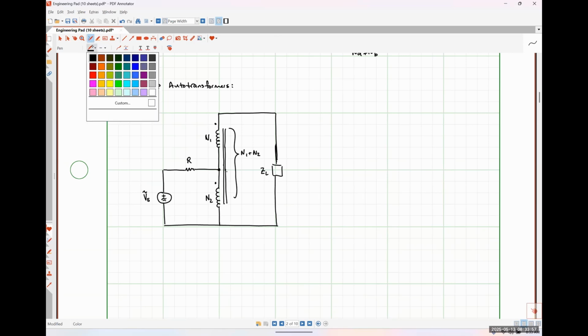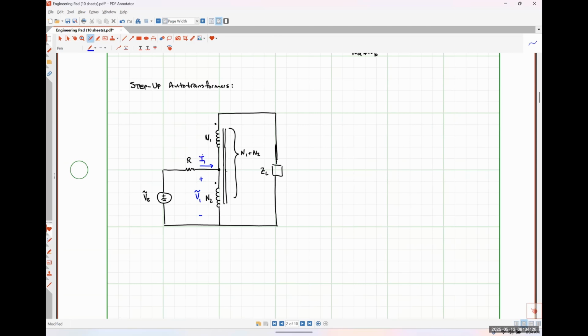So I'm going to define the voltage across this coil whose number of turns is labeled as N2. I'm going to call this voltage V1. I'm considering this to be my primary voltage because it is on the source side of my system. The current flowing into here is my primary current, I1.